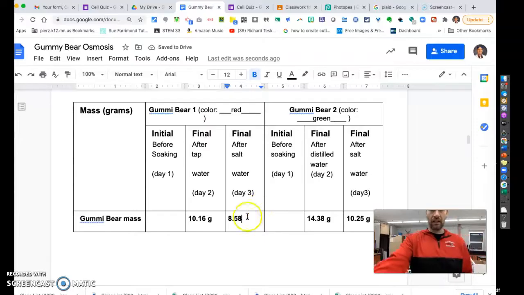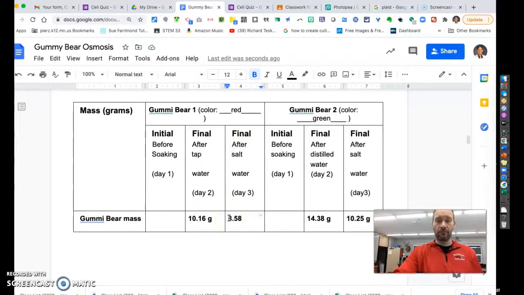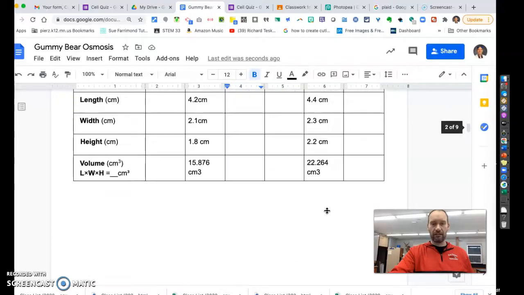Okay, and looking at that, you can see the final after salt water. So it did lose mass. Of course, it did lose, water left it. And it looks like the green one lost more, which does actually make sense when we talk about it.